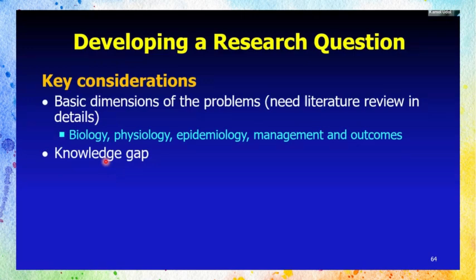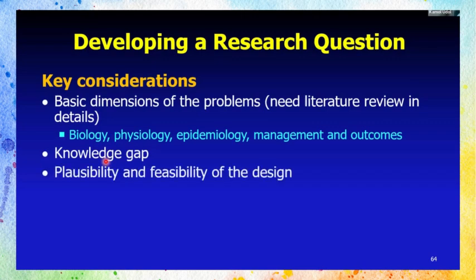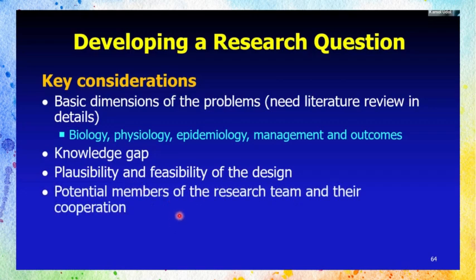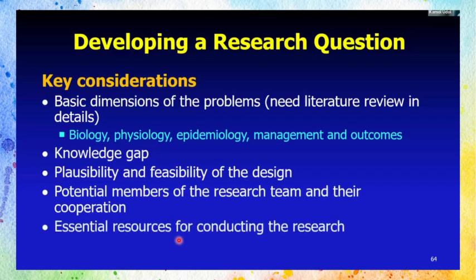But to get a research question, you also need to consider the plausibility and feasibility of the design of the study, potential members of the research team and their cooperation, and essential resources needed for conducting research. So it's not just getting a research question, you need to consider the following process.